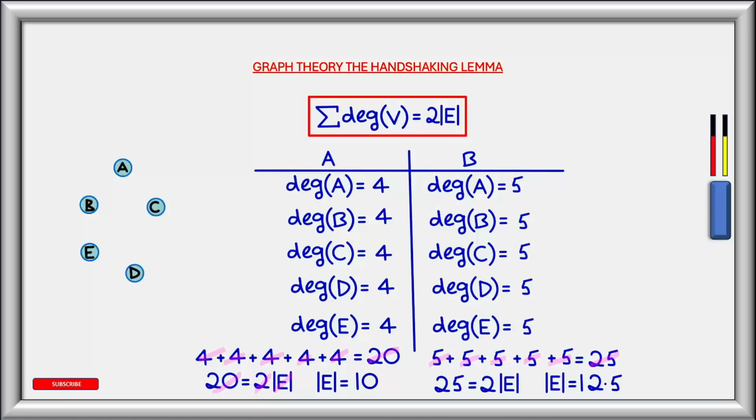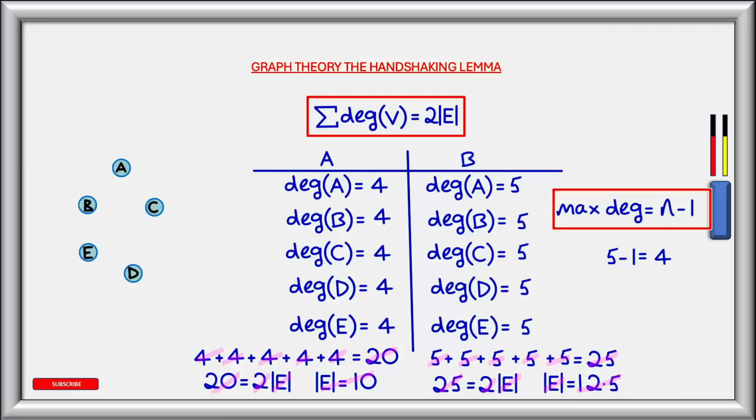So the number of edges in graph A is equal to 10. So that's an even number, so that works. And in graph B, 25 is equal to 2 multiplied by the number of edges. In graph B, the number of edges has to be 12.5. So that fails the handshaking lemma. So we know at this stage, graph B is impossible to draw.